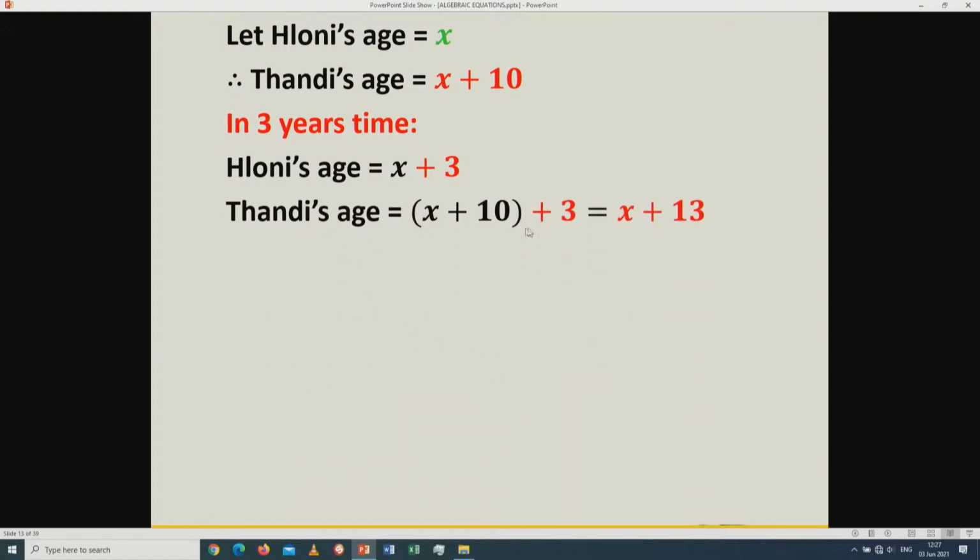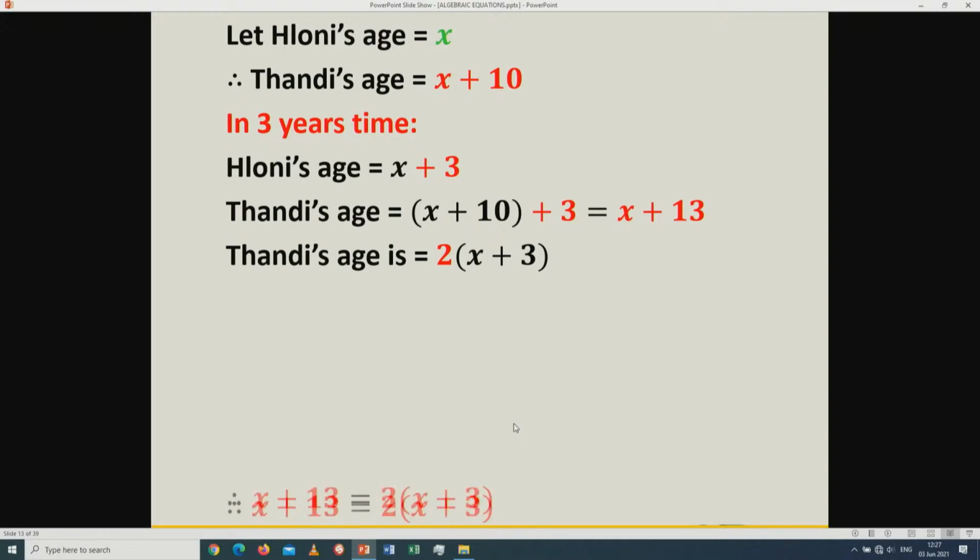Thandi's age will be x plus 10 plus 3, which simplifies to x plus 13. Now, Thandi's age is 2 times Hloni's age, which is 2 times x plus 3. Setting up the equation, Thandi's age, x plus 13, will be equivalent to 2 into x plus 3.